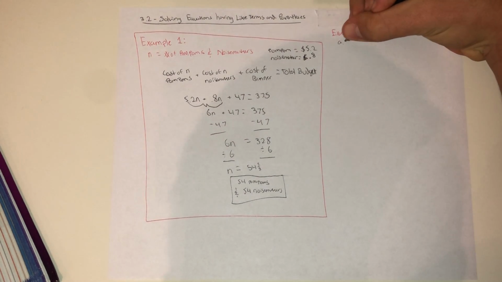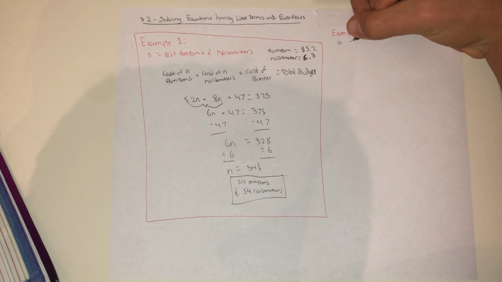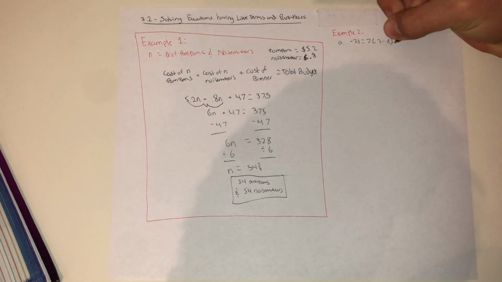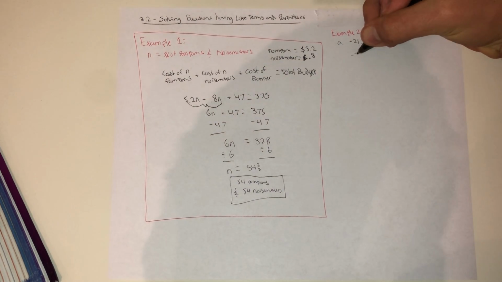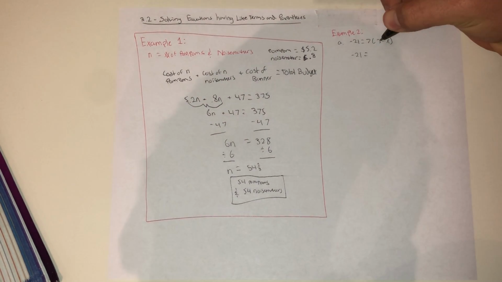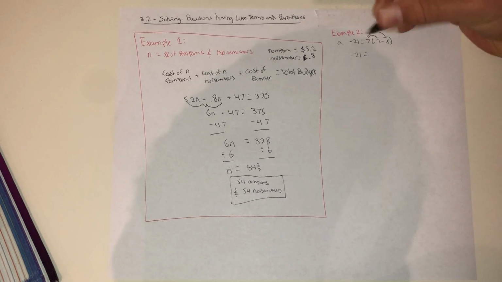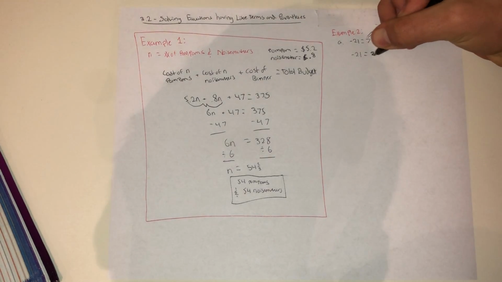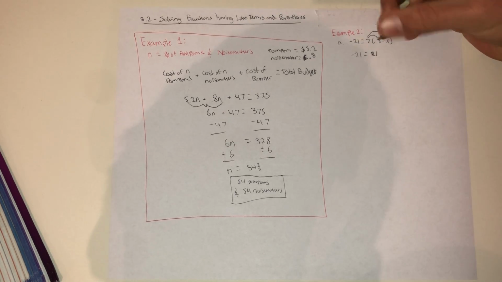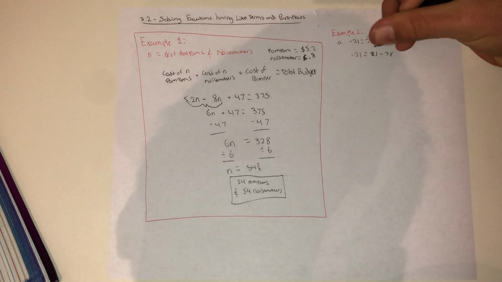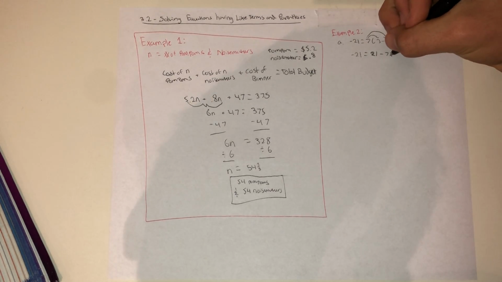Example 2. A is negative 21 equals 7 times 3 minus x. So negative 21 equals, we have to do 7 times 3, and then 7 times negative x. So 7 times 3 is 21, and then 7 times negative x is minus 7x. So once we have this, we have to isolate this term.